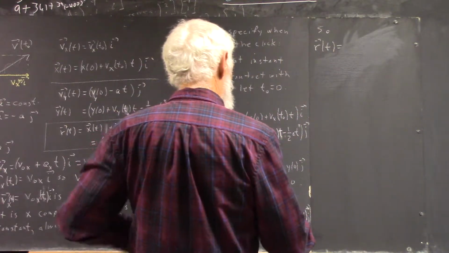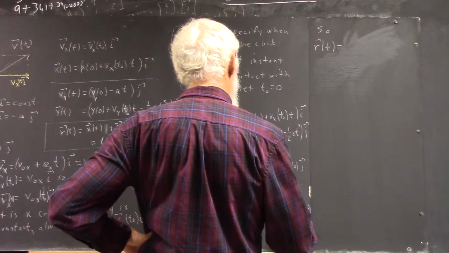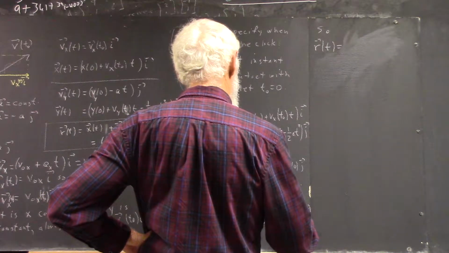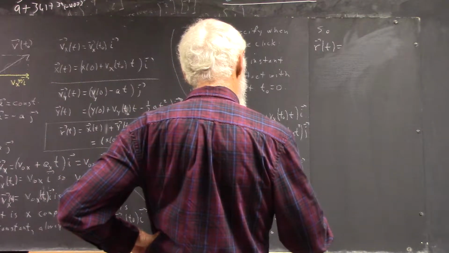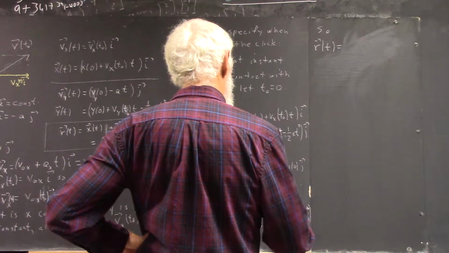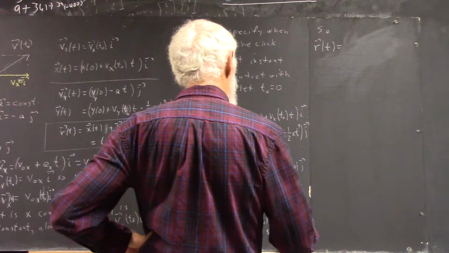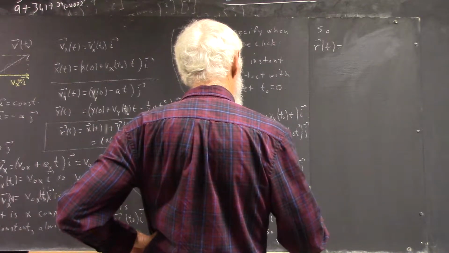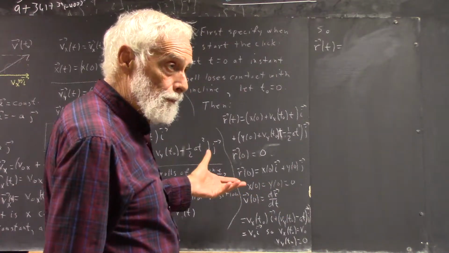I should have written it: Vx of t0 is V naught. And Vy of t0 has to be 0.